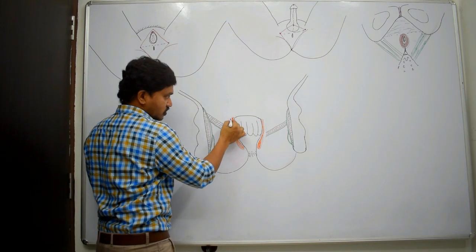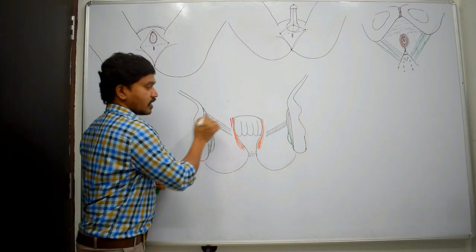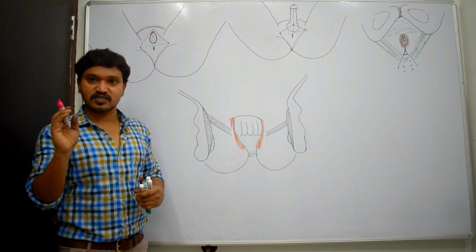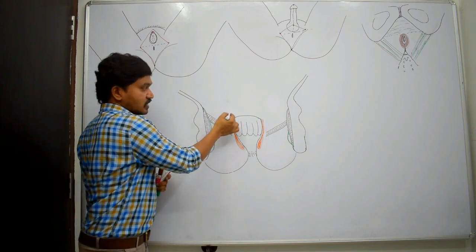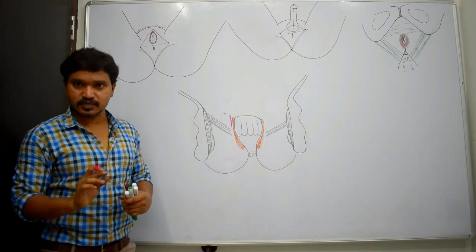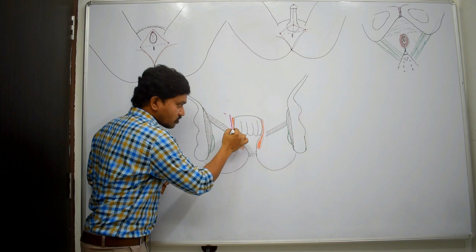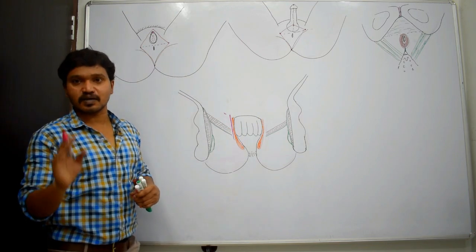This longitudinal muscular coat fuses with puborectalis at the level of anorectal junction. At the level of anorectal junction, that means somewhere here, this longitudinal coat fuses with puborectalis muscle. If you trace it down, this longitudinal coat becomes fibroelastic septum.